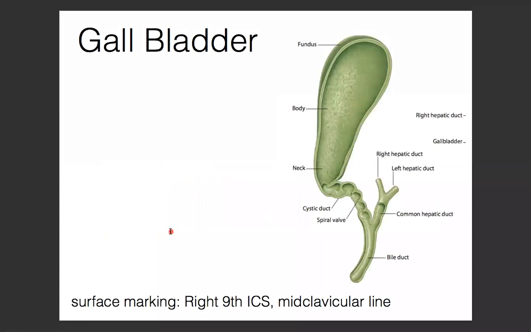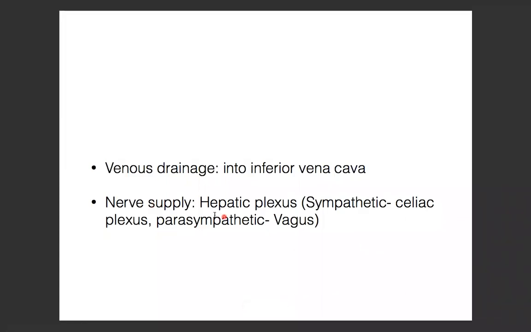Innervation. Okay, let's go back. The innervation is by something we call the hepatic plexus. Basically, sympathetic comes from the celiac plexus, while parasympathetic comes from the vagus. I said earlier that it's more important to know the parasympathetic. All of the parasympathetic of the foregut is by the vagus nerve, or most of the GIT in fact. So remember the parasympathetic is by the vagus.